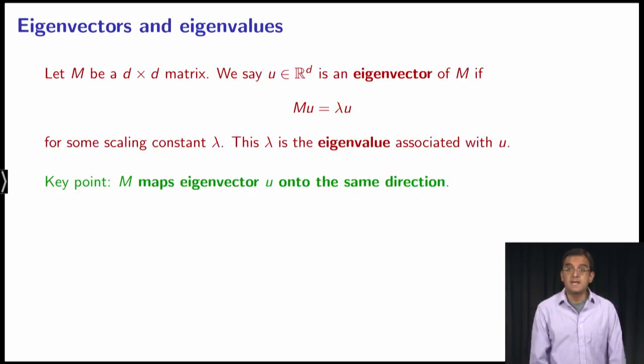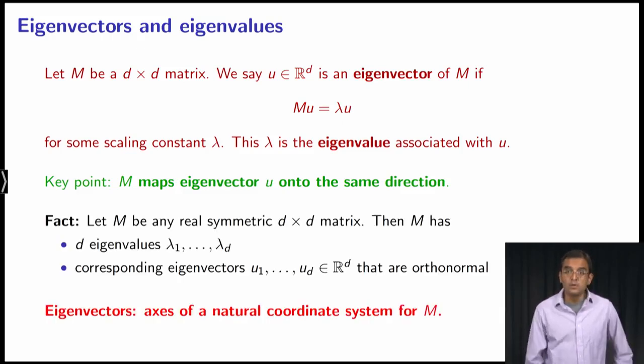So this led us last time to the notion of an eigenvector. For any d by d matrix M, an eigenvector is a vector u that is sent by M to another vector in exactly the same direction. And the scaling factor, lambda, is called the eigenvalue associated with u. Now, what we saw is that the eigenvectors constitute a basis.